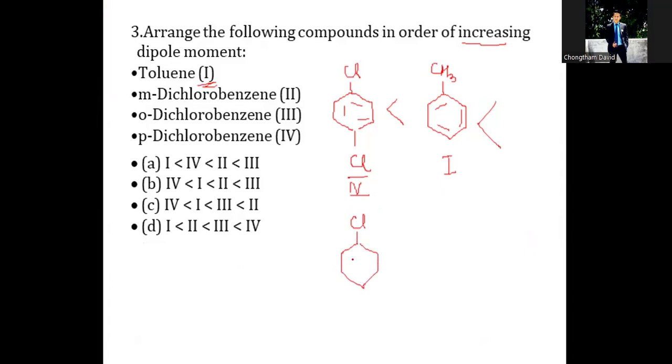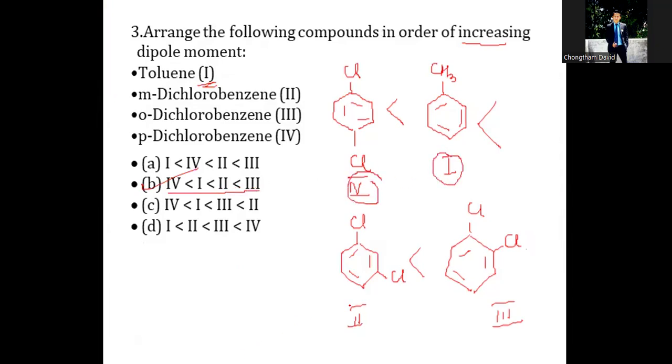Next comes the meta-dichlorobenzene. And last of all, it is your ortho. Position number 2 or position number 5, with respect to this chlorine, we call it ortho. So arrange this, you will get the correct answer in option number B. It goes as 4, 1, 2, 3. So this is the increasing order of dipole moment.